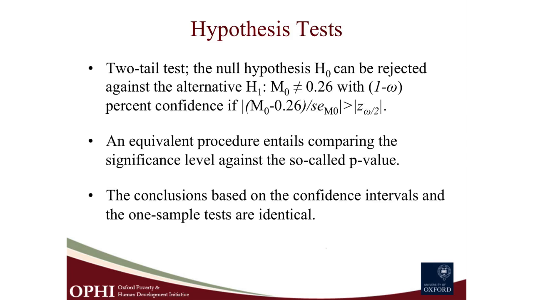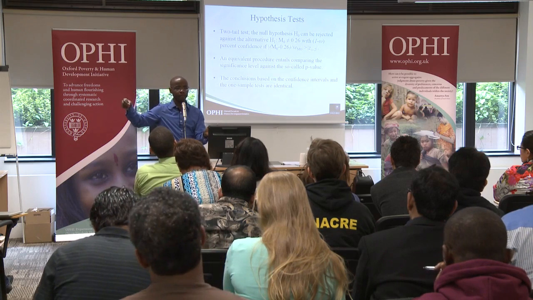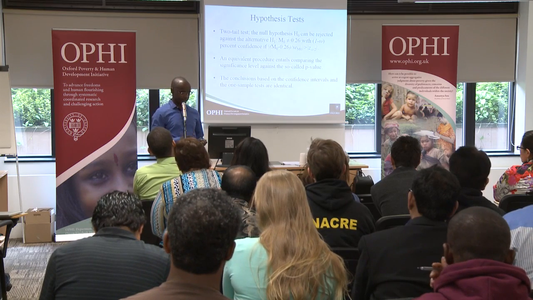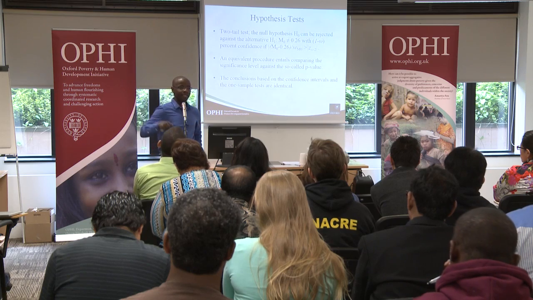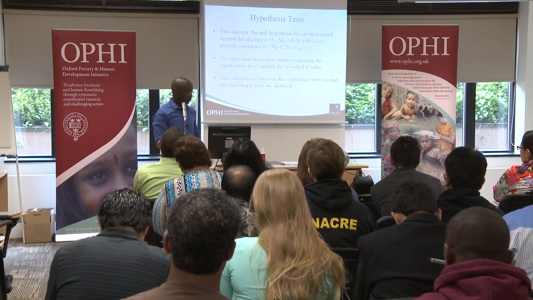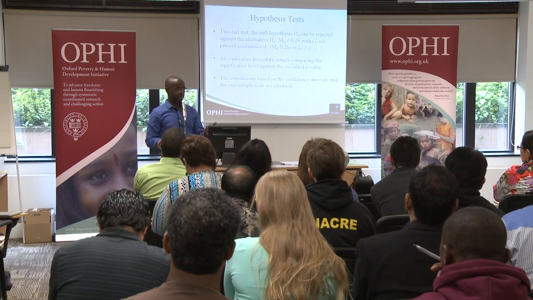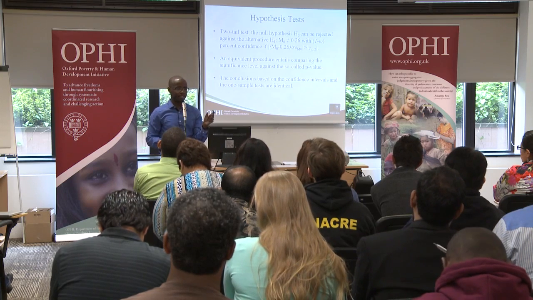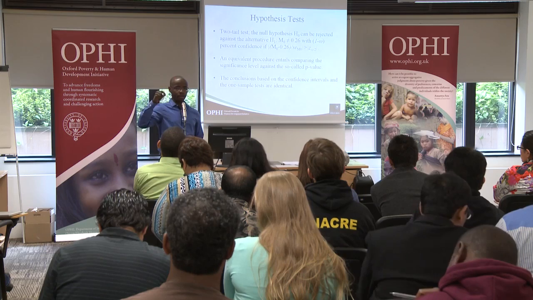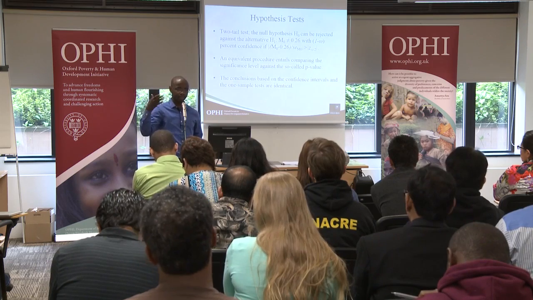I will not go into detail, but this statistic converges to a normal distribution of mean 0 and standard deviation 1. So you will just compare the value of your statistic to the critical value that you obtain from the normal distribution, which is Z. If the absolute value of your statistic is greater than the absolute value of the critical value from the normal distribution, then you can reject your hypothesis.